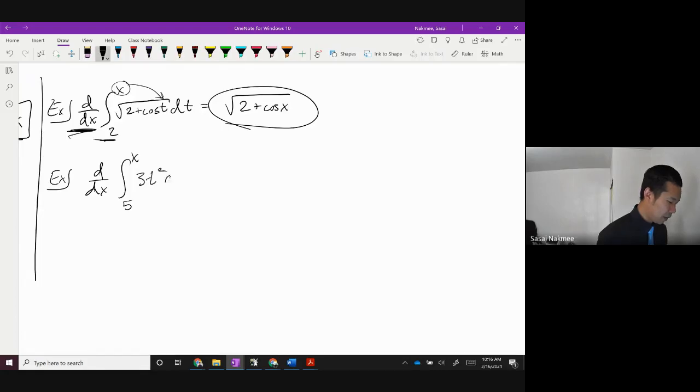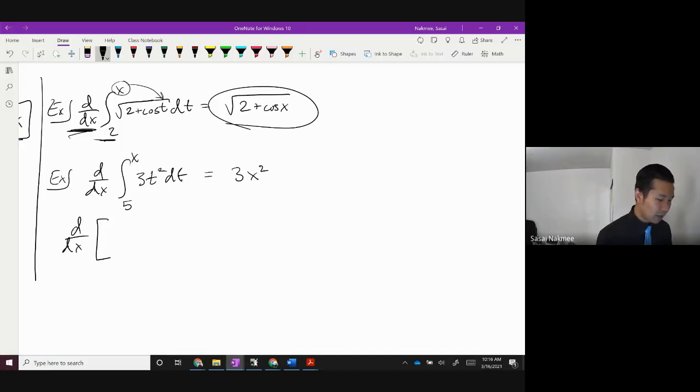3t squared dt. If I was doing this problem right here, again, just knowing the fundamental theorem of calculus, this is going to come out to be 3x squared. That's it. That's all it is going to equal. And again, I could show the work by doing the antiderivative of this.